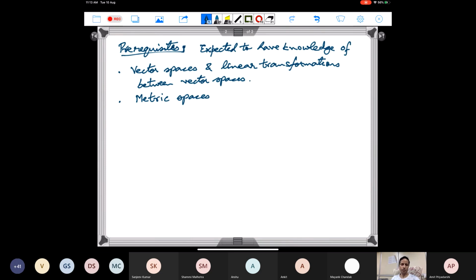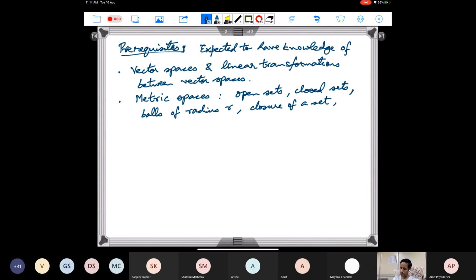On metric space, you should be knowing what we mean by metric space, open sets, closed sets, balls of some radius r, closure of a set, interior of a set, and what do we mean by dense subset?